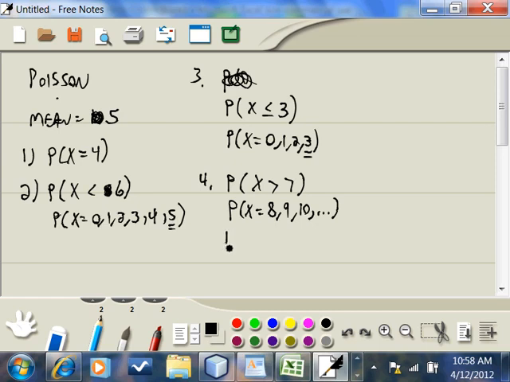If you think of 1, this represents 100%, all of our possible cases. If I subtract off 0 through 7, that'll leave me 8 on up.